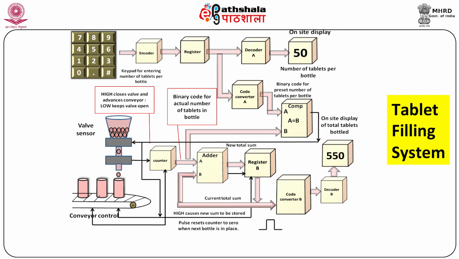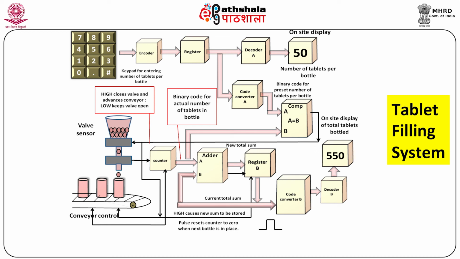The optical sensor at the bottom of the funnel neck detects each tablet that passes and produces an electrical pulse. This pulse goes to the counter and advances it by one count. Thus at any time during filling of the bottle, the counter contains the binary representation of the number of tablets in the bottle.